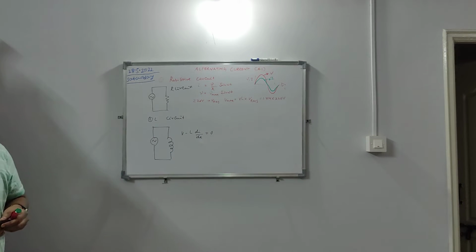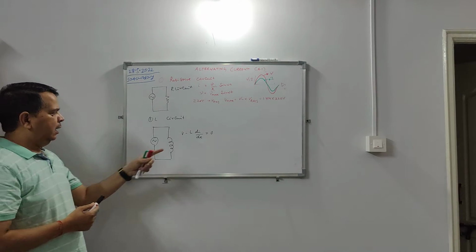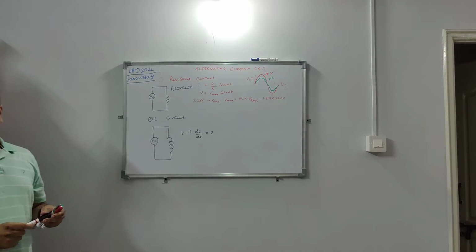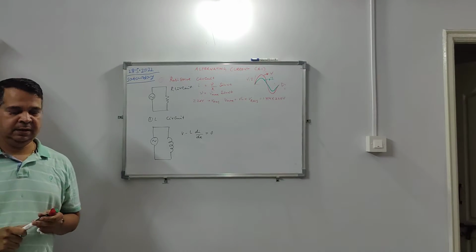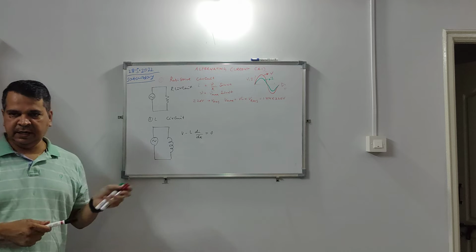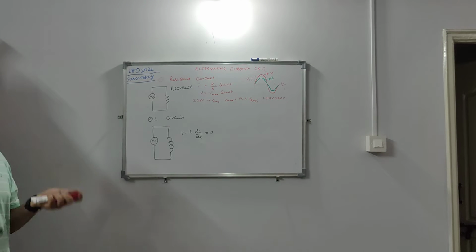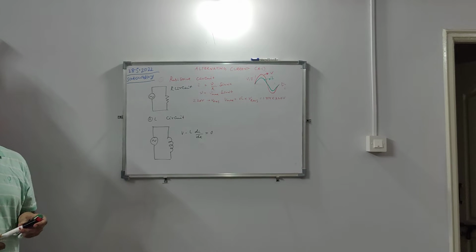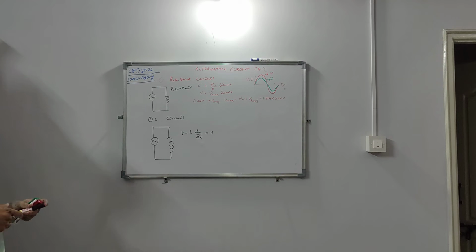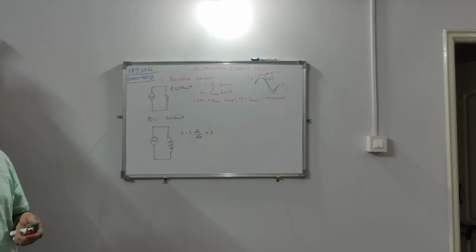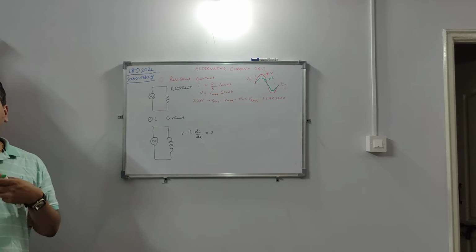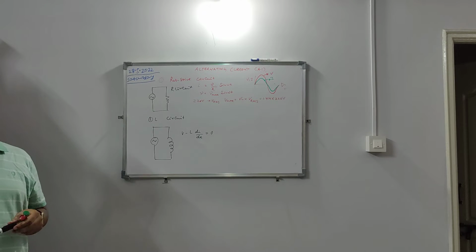Your supply voltage, let us say it is V, and your inductive voltage is L di by dt. Why this negative sign? Because inductance is a property which opposes the increase in current. If inductance increases, it will oppose the rate of change of current. They are opposite to each other.